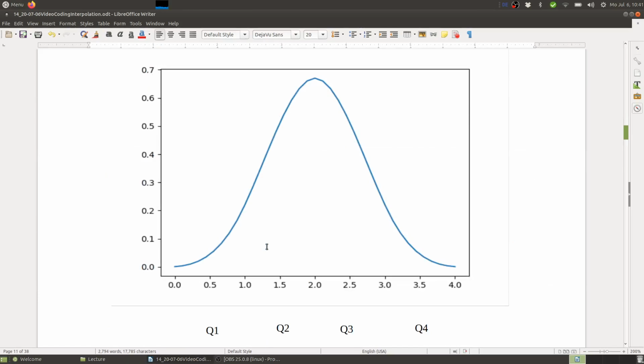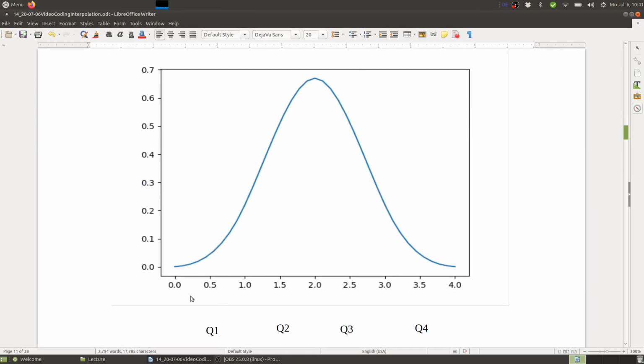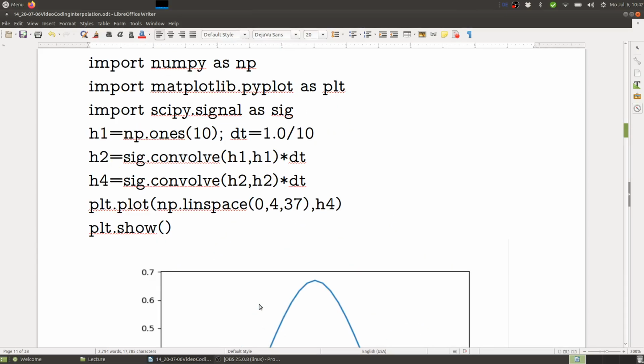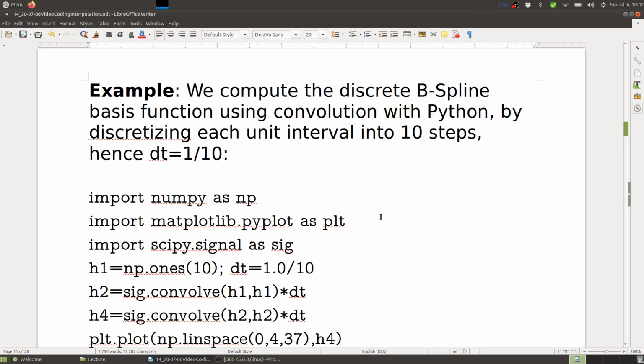Here's this plot. Here you can see those 4 unit intervals. The first goes from 0 to 1, the next from 1 to 2, then from 2 to 3, and then from 3 to 4. This picture was made using this Python code here.